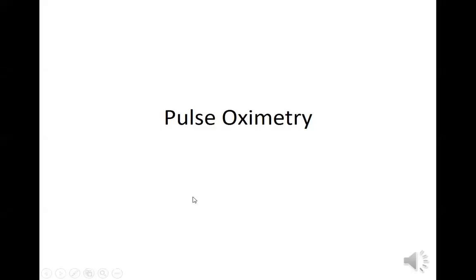Pulse oximetry. Now we're going to start with the SpO2, which is the use of the pulse oximeter. Now, if you go on page 141 in your lab manual, you want to memorize these normal values. The normal saturation of oxygen, percent of hemoglobin, percent oxyhemoglobin, so overall should be between 95 and 100%.